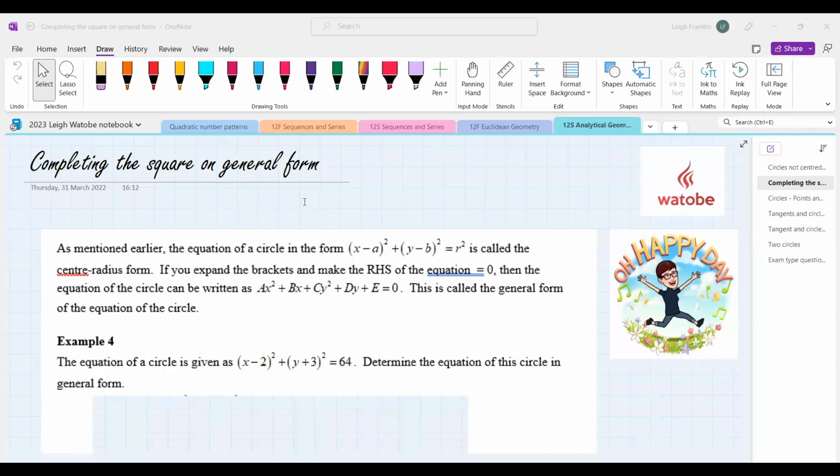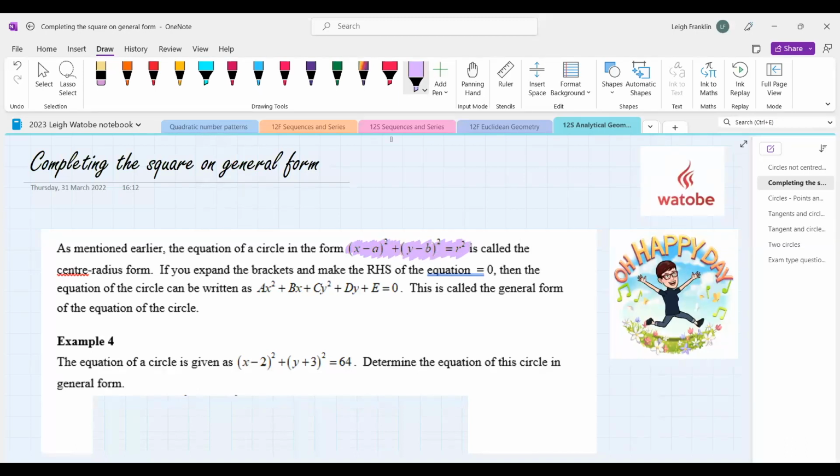Okay, so last week, we didn't look at general form. We only looked at center radius form. So if you recall, the equation of a circle when it's in center radius form is like this one here that I'm highlighting in purple. Okay, so (x minus a) squared plus (y minus b) squared is equal to r squared.